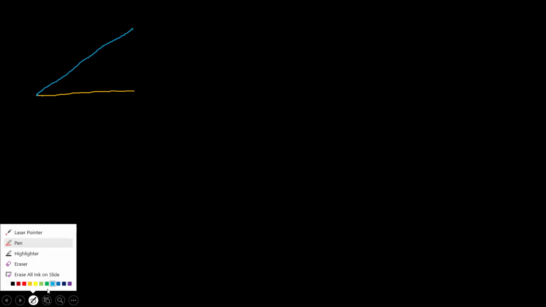And we can see the field is normal to the plane of the board, and it is outwards.